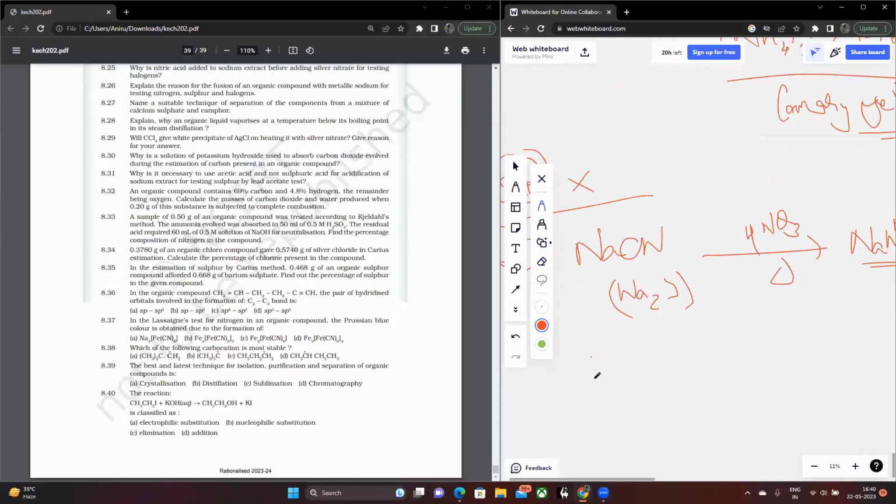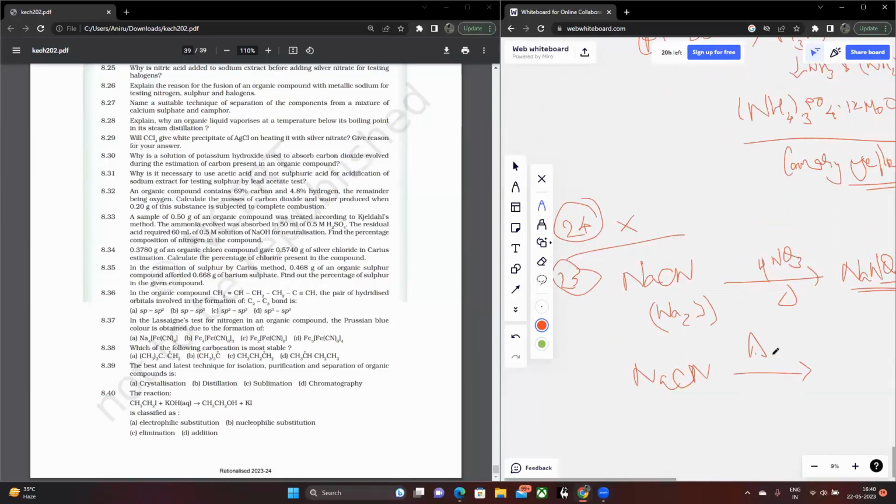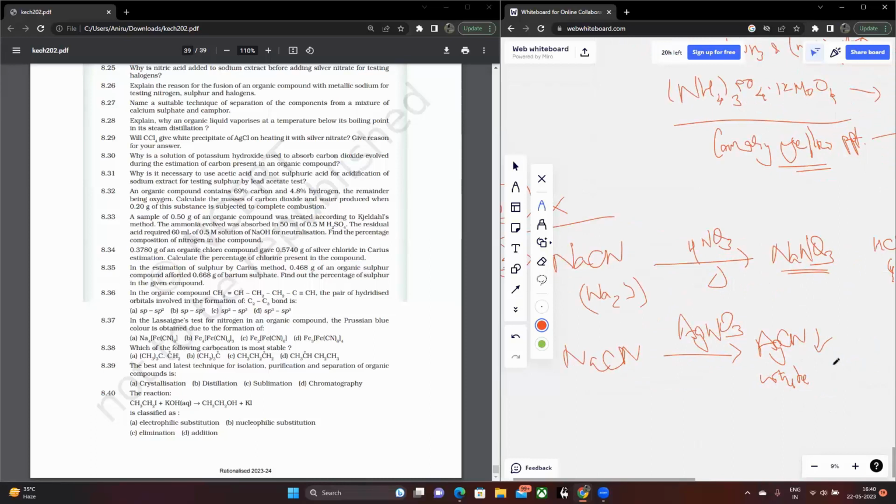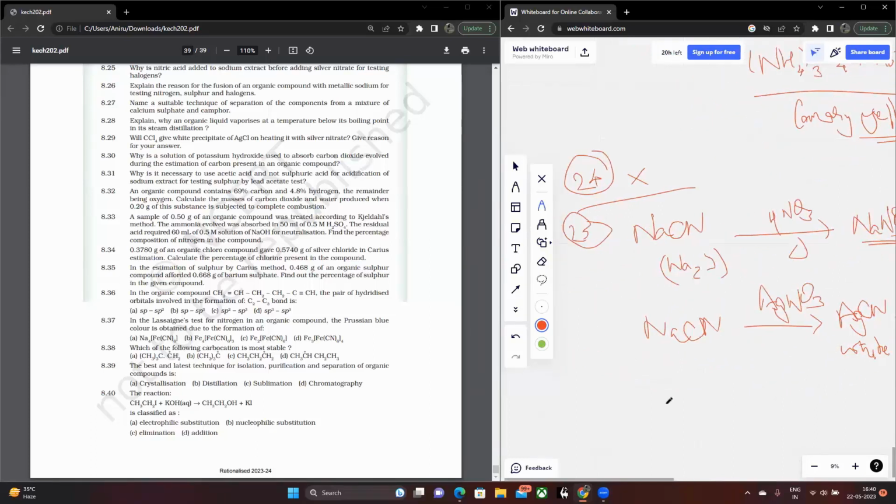If this is not done, then your NaCN is going to react with AgNO3 to give AgCN, silver cyanide, which is a white precipitate, which is a false positive, right?